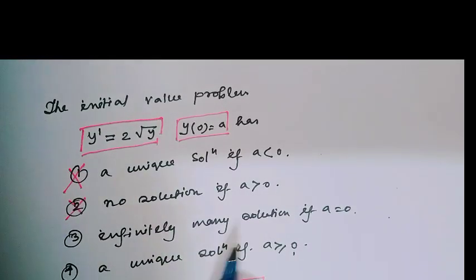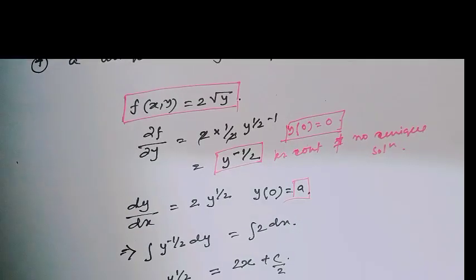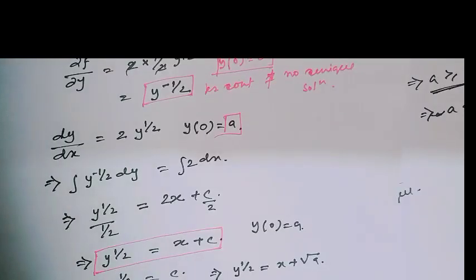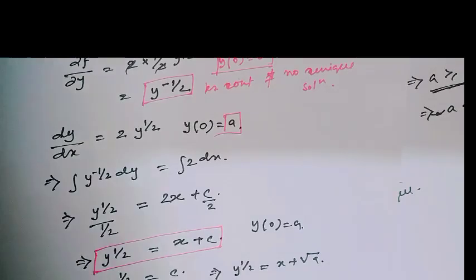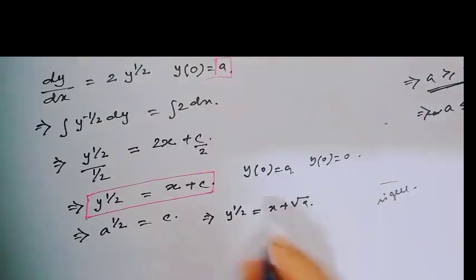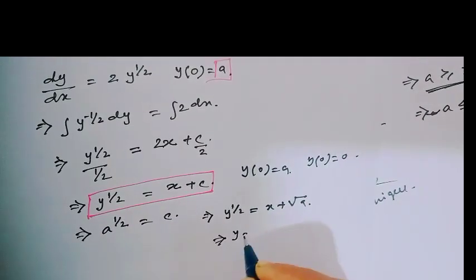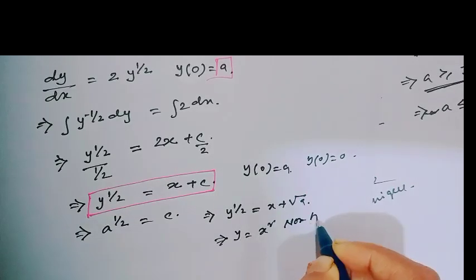Option 3 indicates infinitely many solutions if a equal to 0. If a equal to 0, then one solution is of this type. Put the initial condition y(0) equal to 0. That means one solution would be y equal to x square, which is non-trivial.